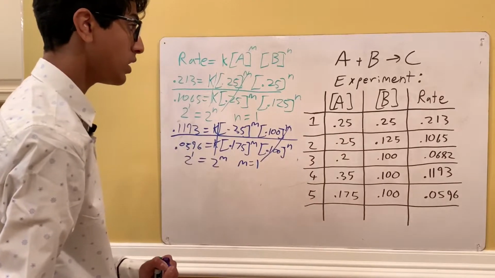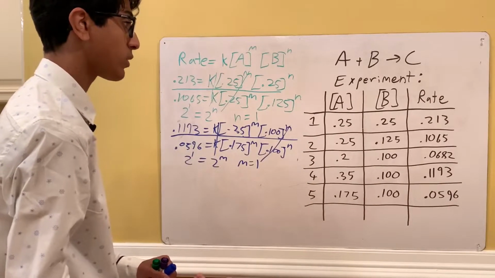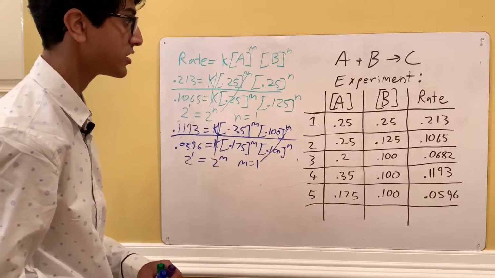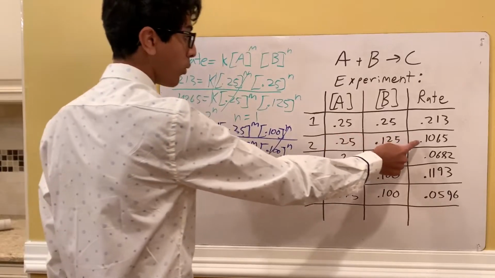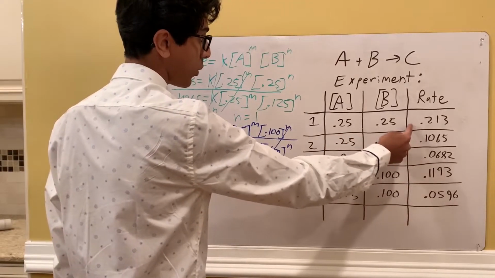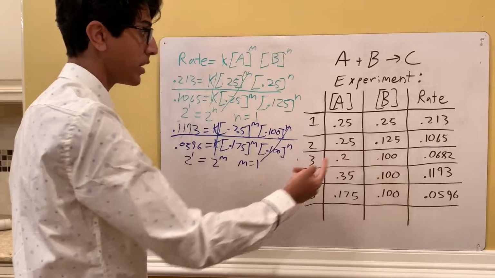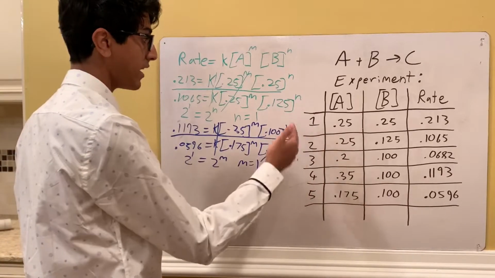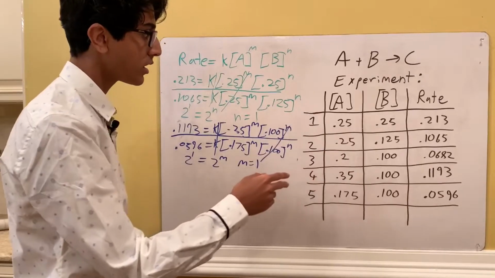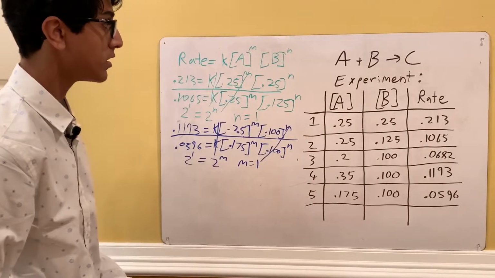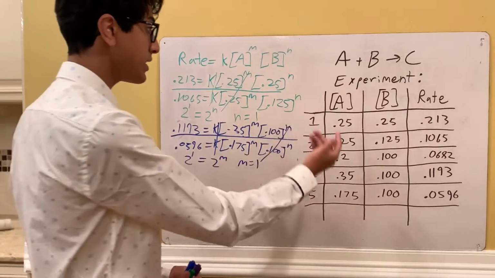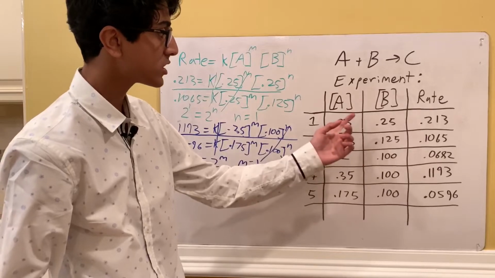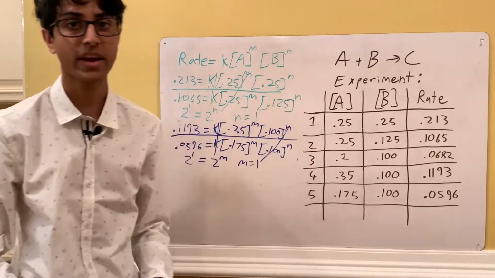So we have to check what the resulting rate factor is, how the rate changes. So from 0.1065 to 0.213, it's also getting multiplied by 2. And since A is remaining constant and it has no say in this change, we know that the order of B has to be 1, since its concentration and its rate are going up by the same exact factor.